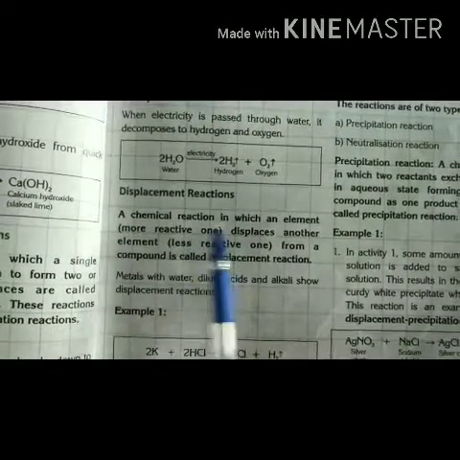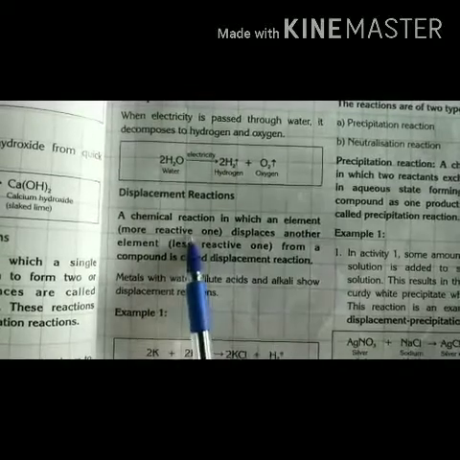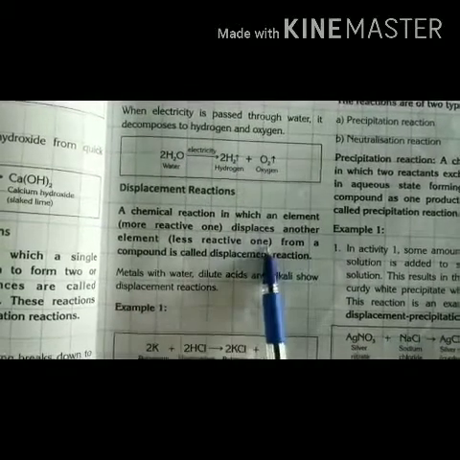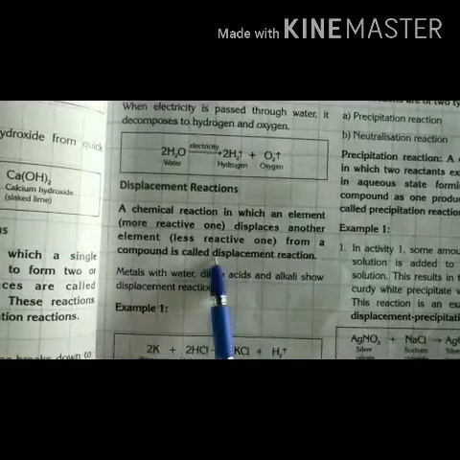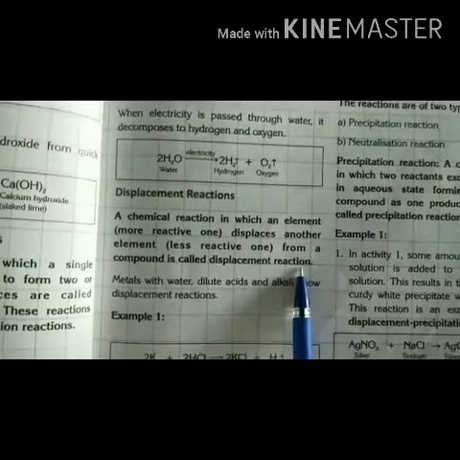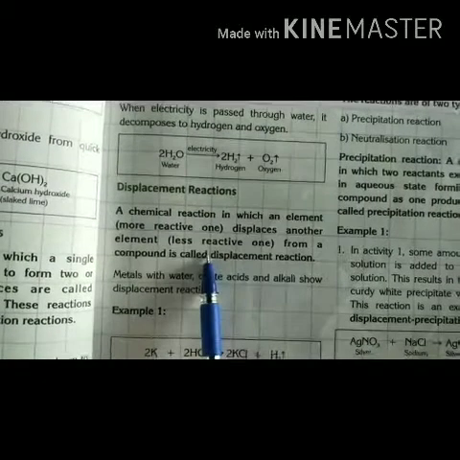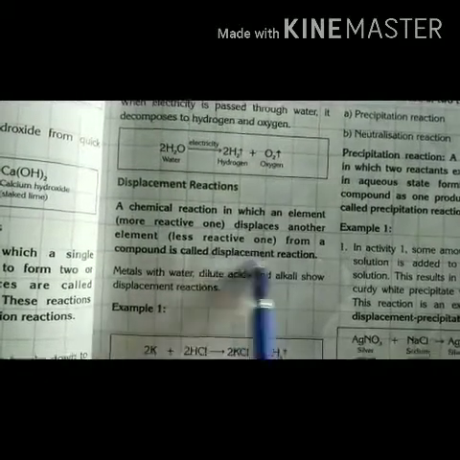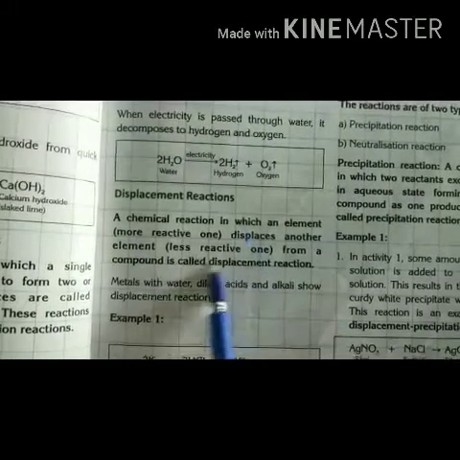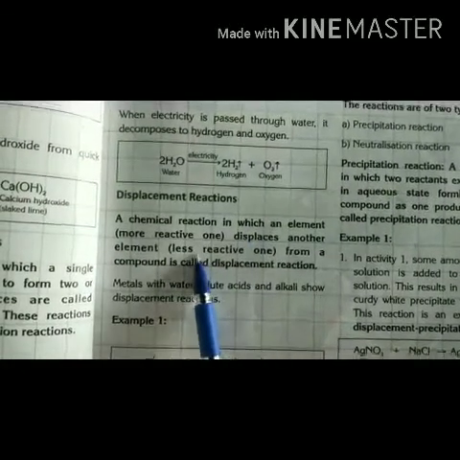A chemical reaction in which a more reactive element displaces a less reactive element from a compound is called displacement reaction. It means in this reaction a less reactive element is replaced by the more reactive one. We can easily understand this with the help of an example.